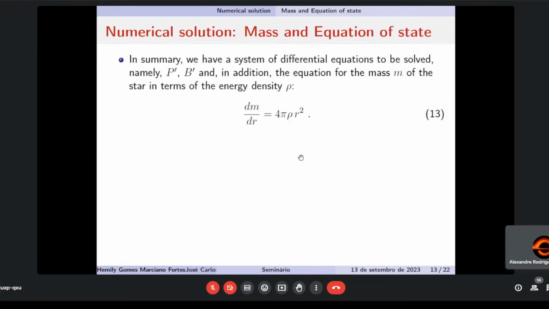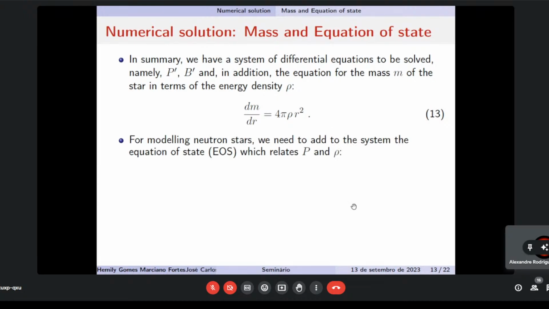So we have this form to calculate the mass. It's the form commonly used in general relativity to calculate the mass. There is a lot of discussion about this. I have a paper just talking about this choice to calculate the mass, but it's a long subject to add here. It's an open problem, we can say that, but you can use that for now.